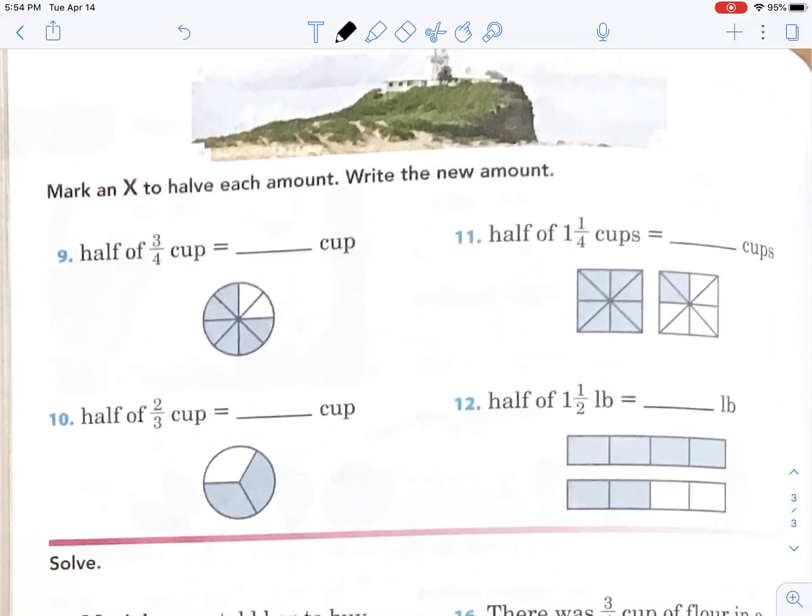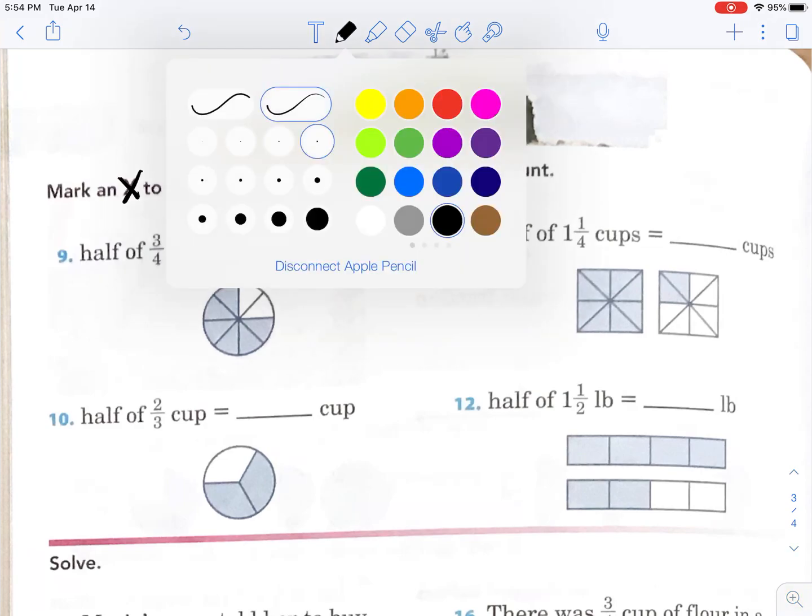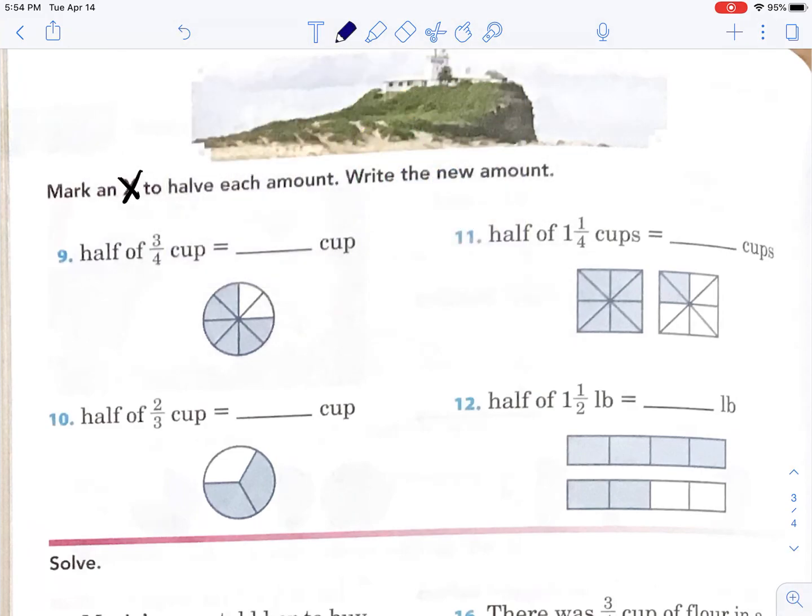Flip the page. We are on page 198. And it says mark X to half. I'm going to go to blue. Mark X to half each amount. Write the new amount. So it's kind of what we just did. Are you ready? So we have 3/4.